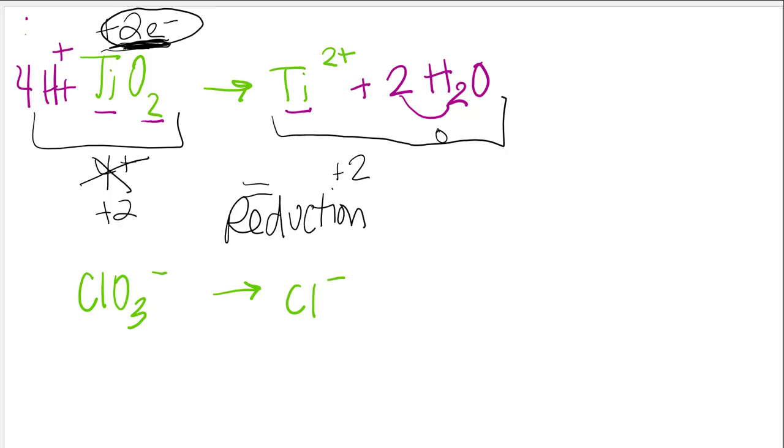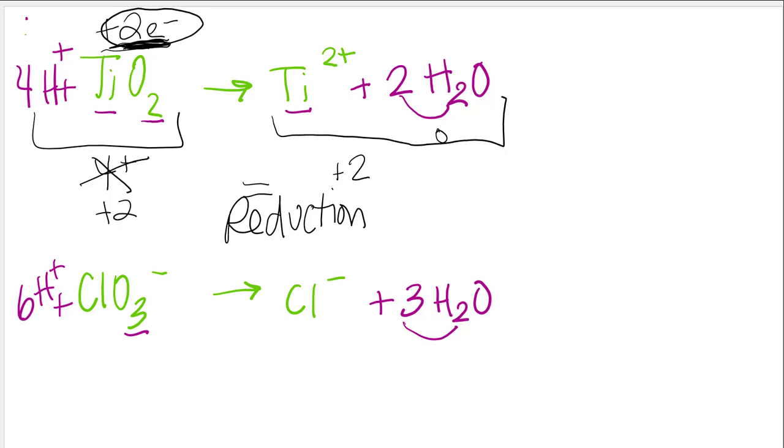I have 3 O's on the left. So that means on my right, I need 3 waters to give me 3 O's on the right side. But now I need to balance my H's using H plus. So on the right side, I have 6 H's. So on the left, I need 6 H pluses.